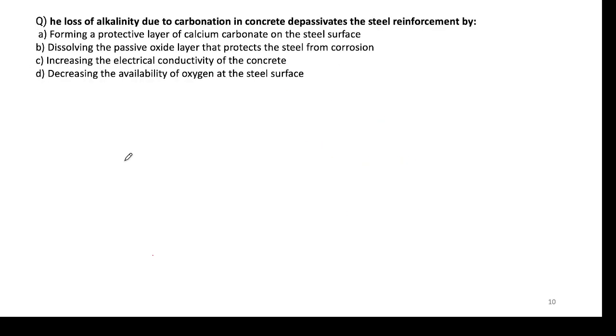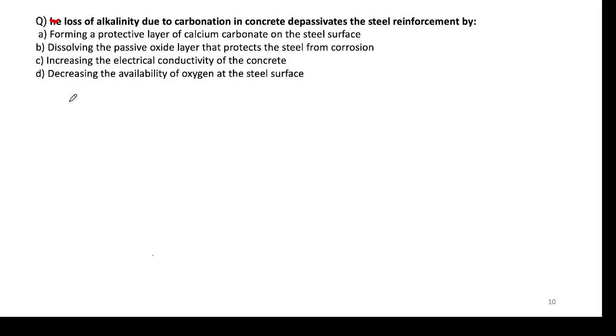We'll see the next question, on the loss of alkalinity due to carbonation in concrete depassivating the steel reinforcement. So how does the depassivation of steel happen due to carbonation, and what does that lead to? Option A, forming a protective layer of calcium carbonate on the steel surface.